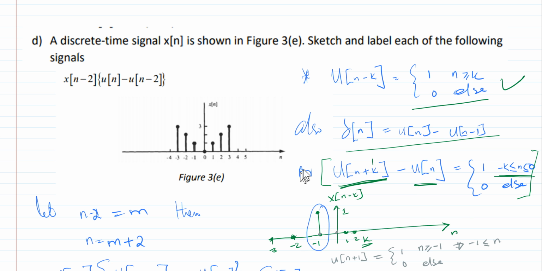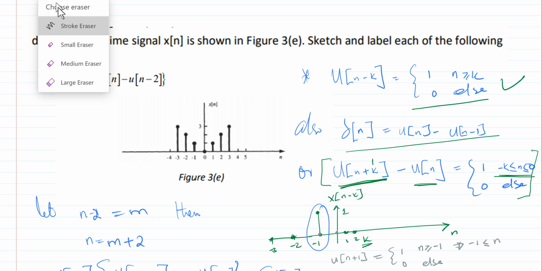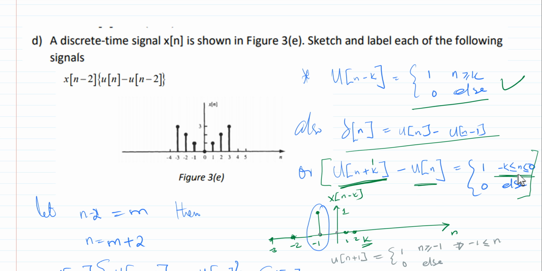So I've just illustrated with this equation where k is equal to 1, and we are only left with this minus 1. I should make a correction here: this symbol should read less than 0 only, not less than or equal to.